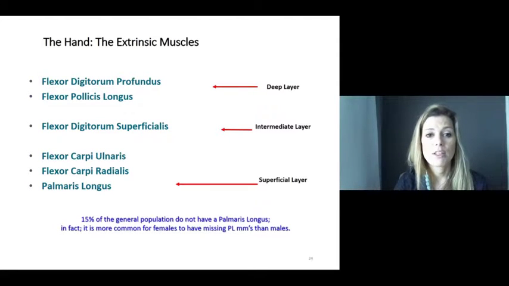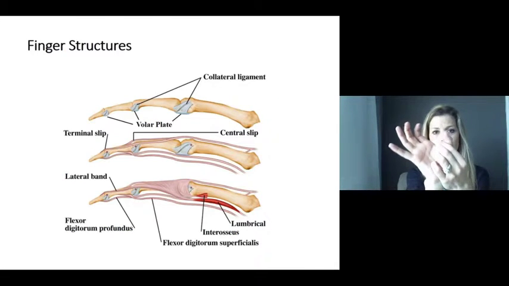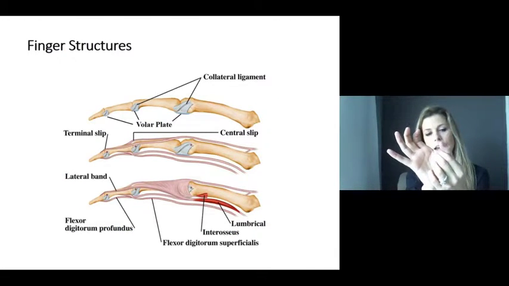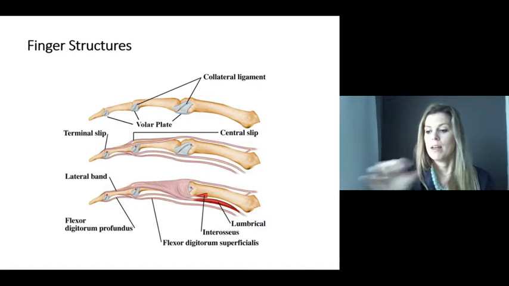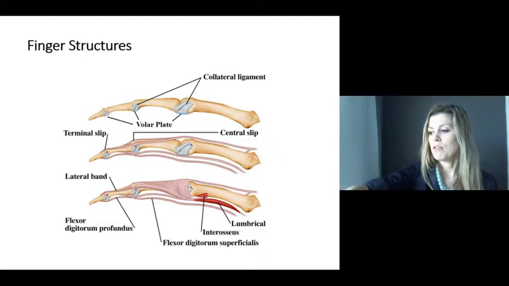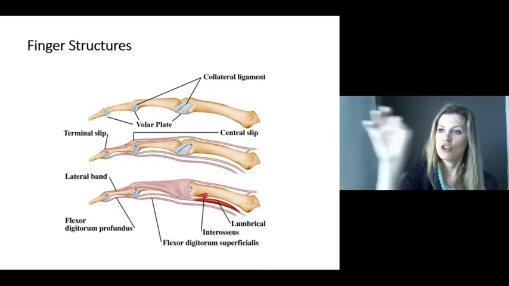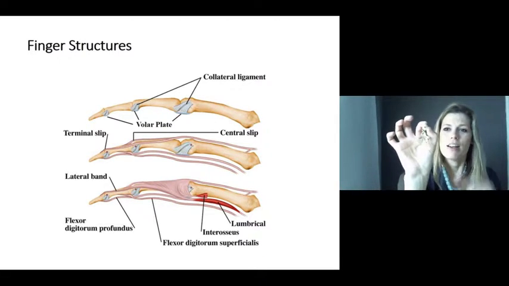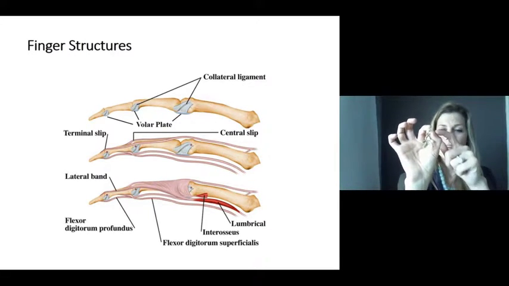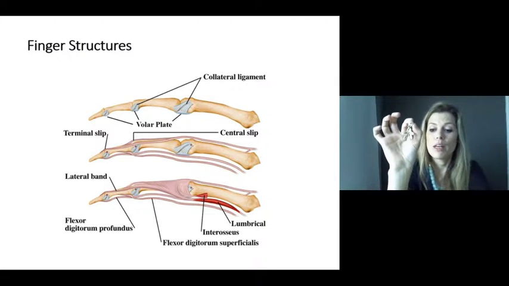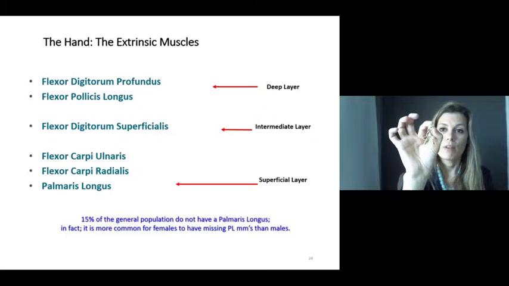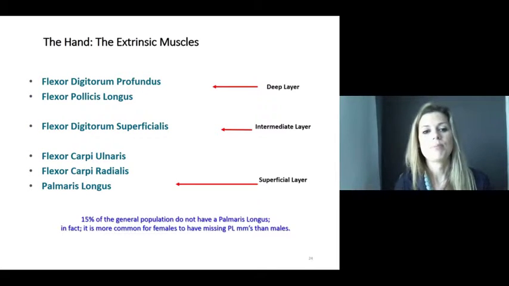Also, you've got flexor pollicis longus. That is going to flex at the IP joint of the thumb. So, for example, if you are trying to grasp an earring, you need some IP joint flexion of the thumb. You need to be recruiting that flexor pollicis longus there.